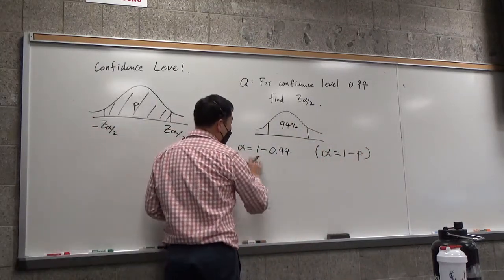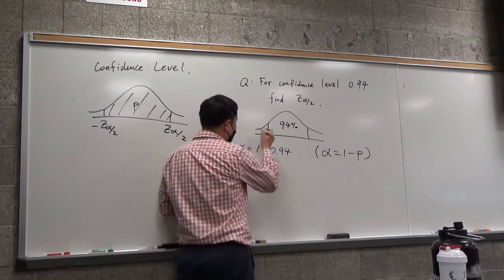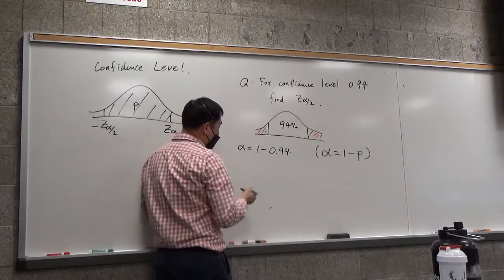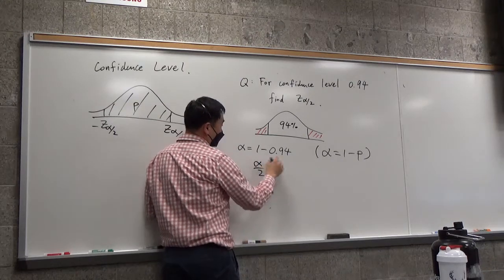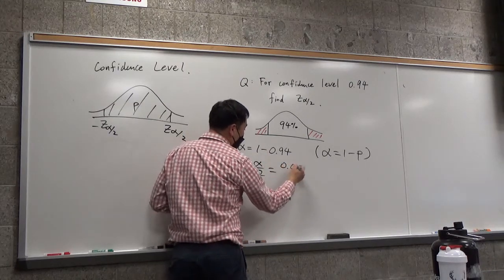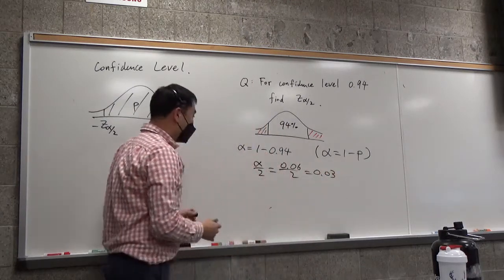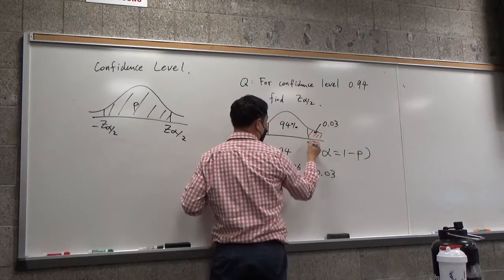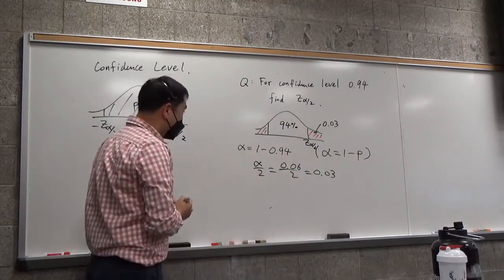And what this gives you is the following area, this area, right? And then alpha divided by 2: this is 0.06, so you divide this by 2, so it's 0.03. And what you want is this area to be 0.03. And the question is, what's z alpha over 2? That's the question.